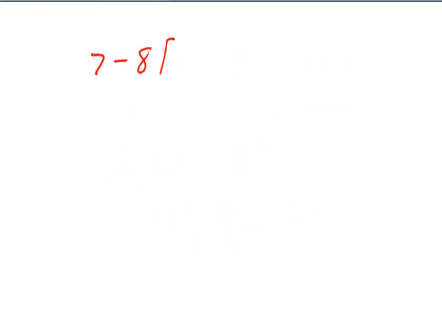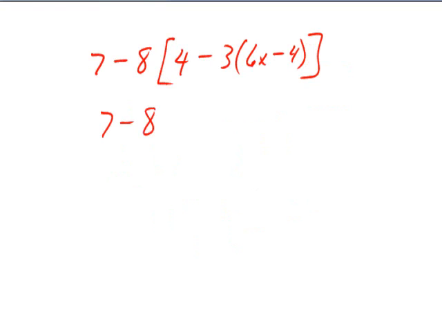7 minus 8 times the quantity 4 minus 3 times the quantity 6x minus 4. Once again, I'll work within the brackets, so within the innermost part of the brackets. 7 minus 8 times, I'll bring down the 4, but I'll distribute the 3.